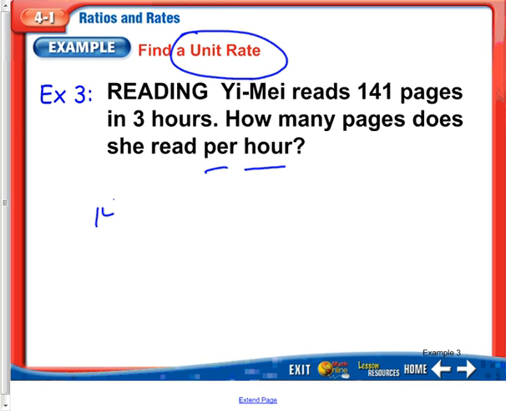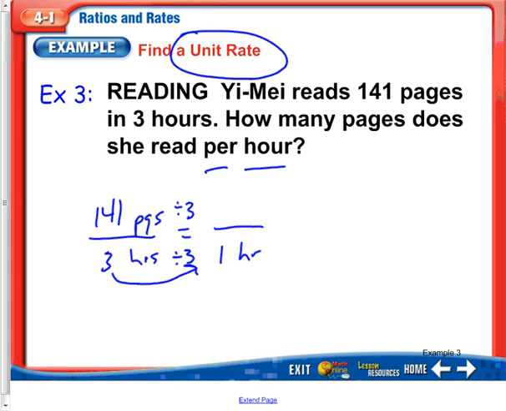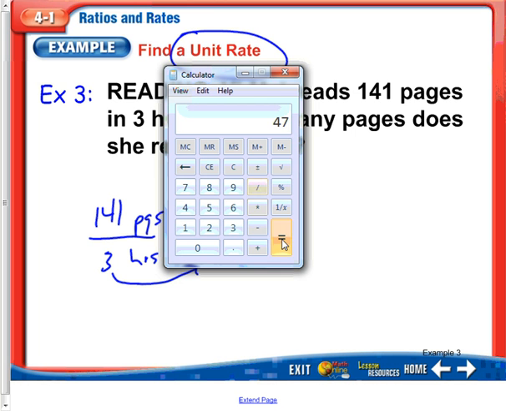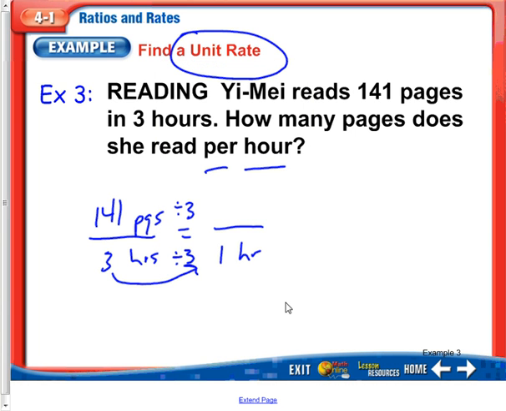So we have 141 pages, and we have 3 hours, and we want to get that down to 1 hour. So you look at how you're getting from 3 to 1, and what you did was you divided by 3. So we want to divide both top and bottom by 3. And so 141 divided by 3, we can take out our calculators if we need to. 141 divided by 3 equals 47.